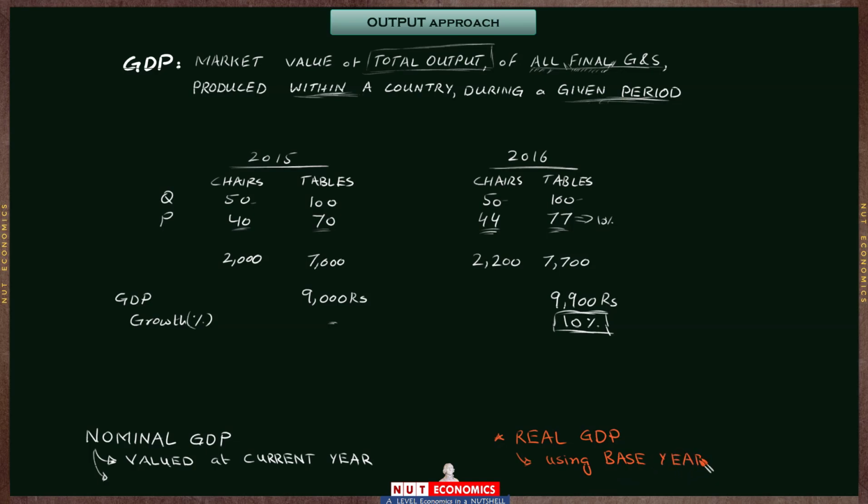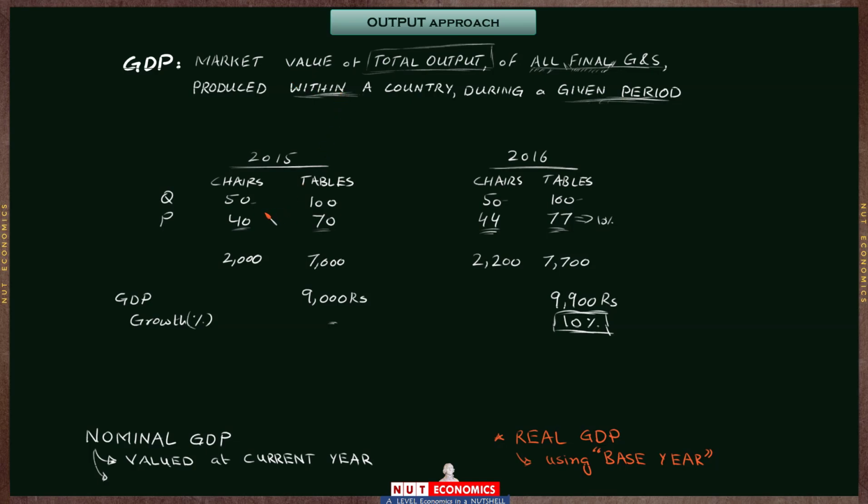Now, what do we mean by base year? Well, actually, we don't mean anything at all. Base year is literally any randomly selected year. The whole idea is that we still want to convert output into its market value so that we have everything in rupees and can add up the total market value.